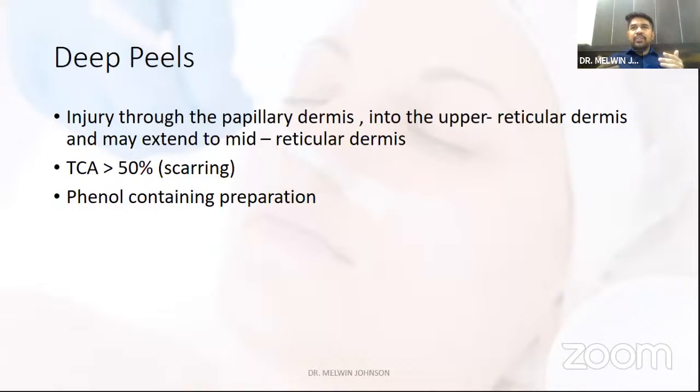I would say you reserve deep peels until after you have done at least hundreds of mild and superficial peels. I'm sure even in those 100 clients or patients, you will see some side effects of peels. And when you learn to manage those, that is when you gain confidence and understand what kind of skin it is, and then you can go ahead and do deep peels, right?